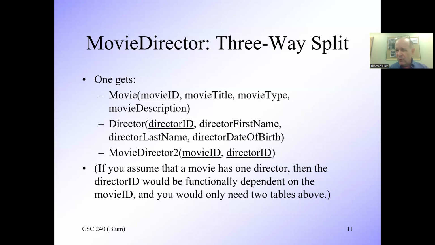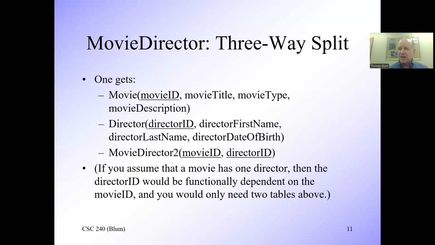That would be a one to many relationship, and then we'd expect the director ID to be in the movie table as a foreign key. But if it's a many to many relationship, then there is no dependence of one ID on the other, and so those two IDs stay in the original table.